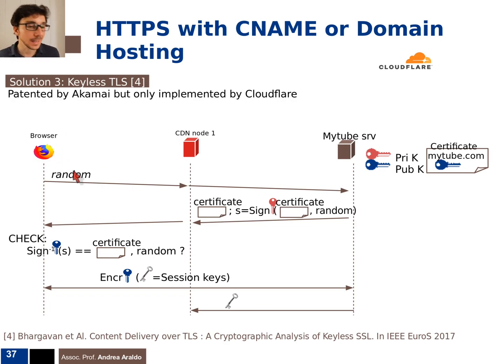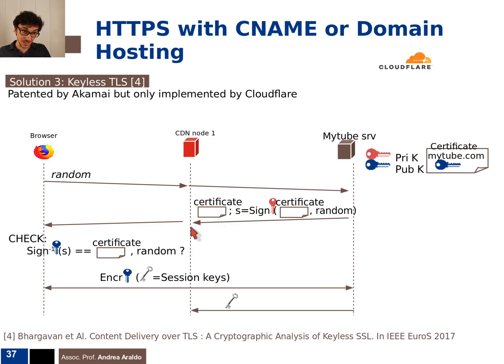So what happens is that the client, via DNS redirection, via the redirection mechanism we have seen, the browser will contact the CDN node and will send the usual random number. The CDN node will not reply directly, but it will forward this message to MyTube. MyTube is able to sign correctly to produce a valid proof of its identity. So it can sign its certificate and the random number.